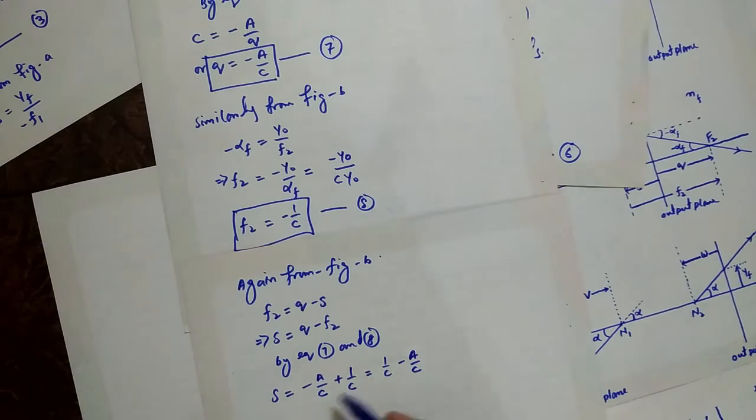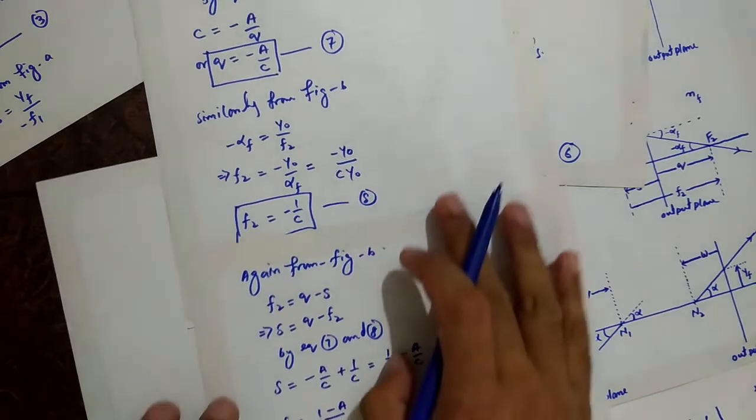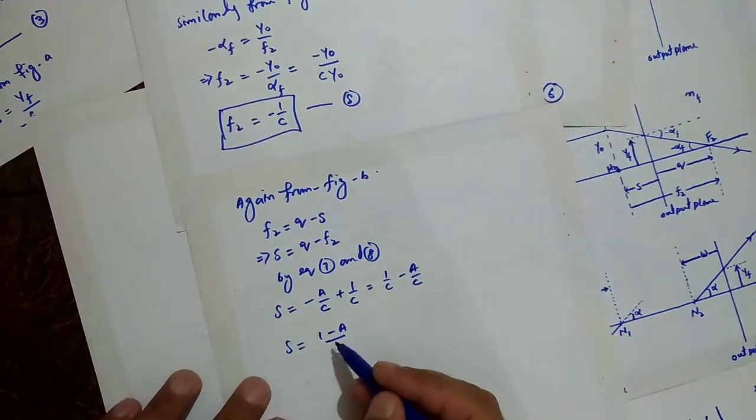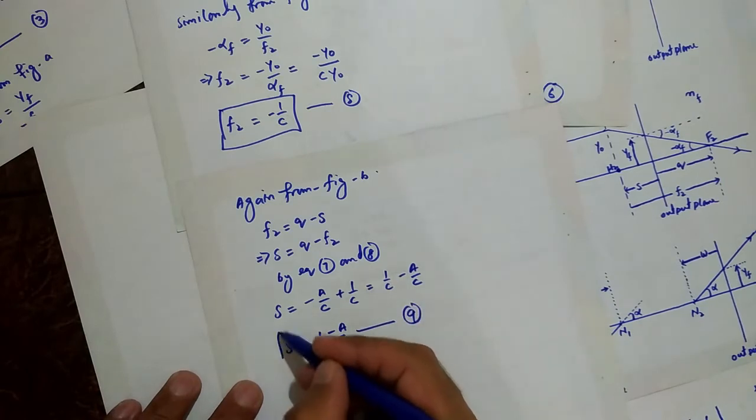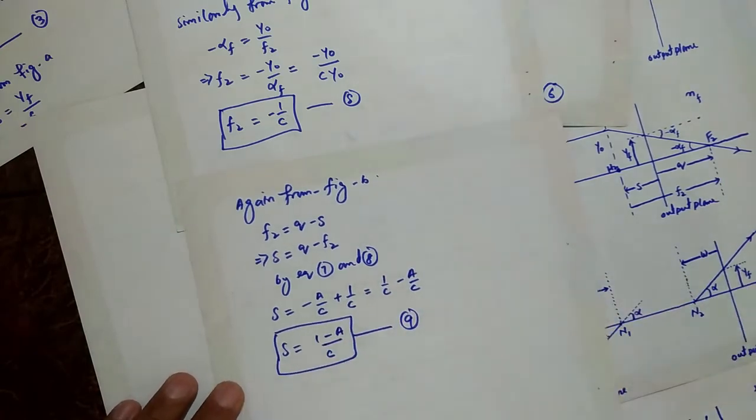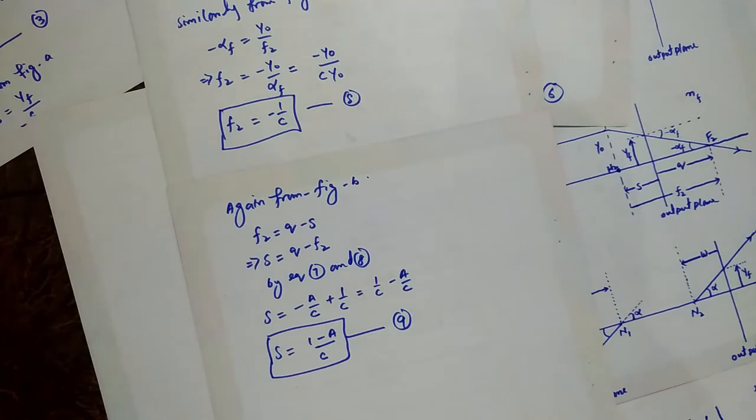Or s will be equal to 1 minus a upon c. This is equation number 9. So we have calculated the position of the back 3 cardinal points. Now we are going to calculate the nodal points, the front nodal point and back nodal point.